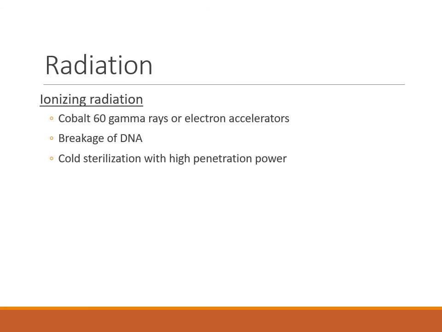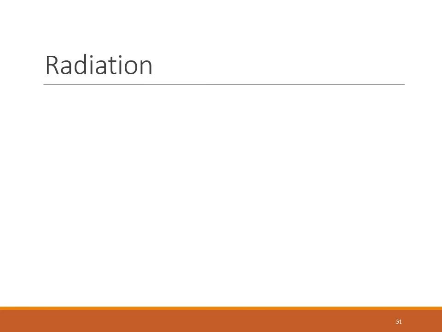It is one of the methods of cold sterilization because the temperature is very low during the cycle, and it has high penetration power. It will be useful for tissue for transplantation, pharmaceuticals, and medical devices.